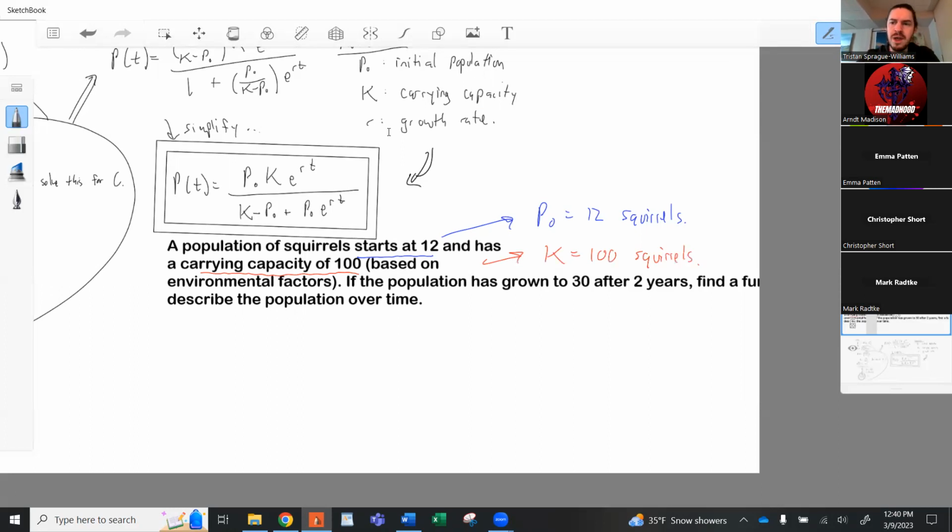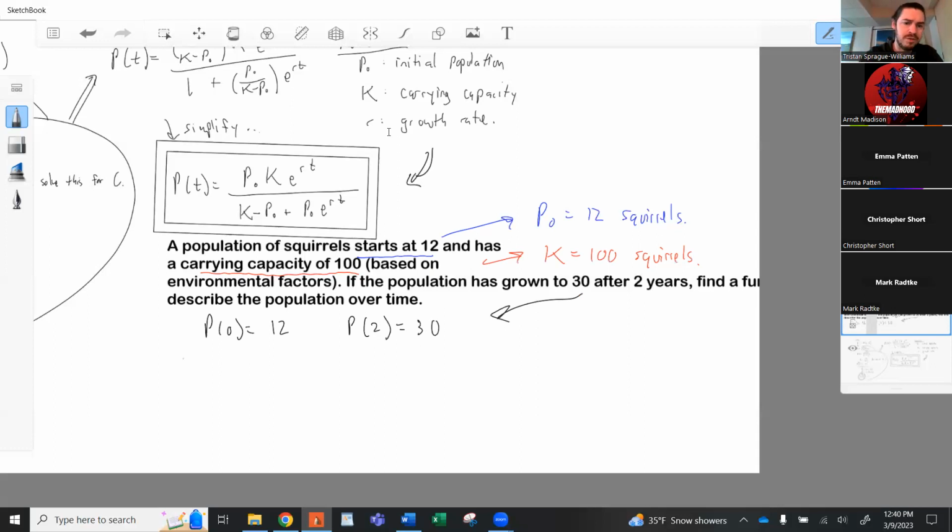Now we don't know the growth rate, but we do have two data points. We have P0 equals 12, and we also know that P of 2 equals 30, right? So after 2 years, our population has grown to 30. With this extra data point, we should be able to solve for the growth rate. I'll show you what this is going to look like.